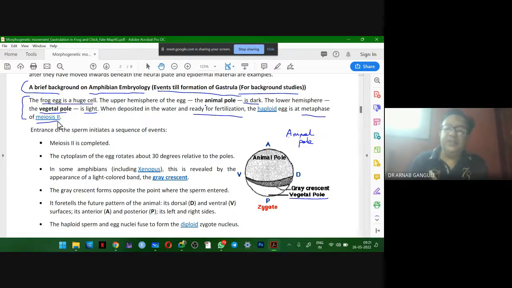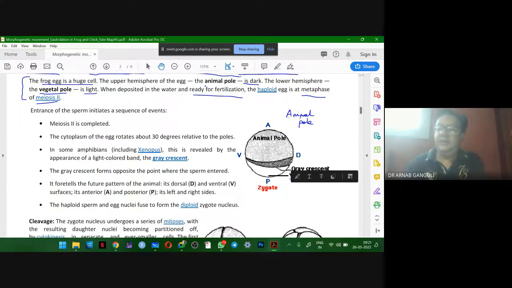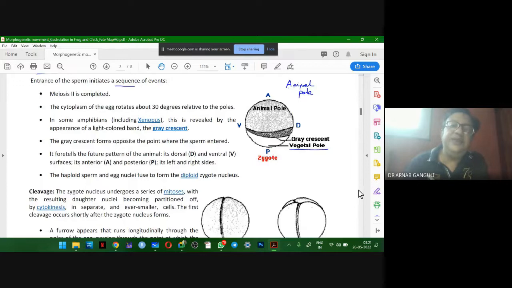So once when the sperm enters, a sequence of events takes place. First is that the meiosis, which was frozen at metaphase, gets completed. Then the cytoplasm of the egg rotates by about 30 degrees relative to the pole.